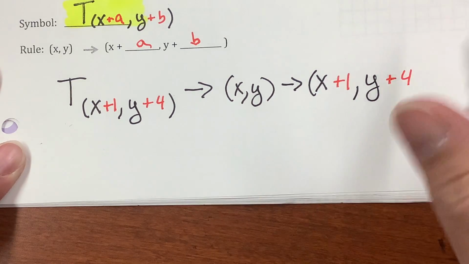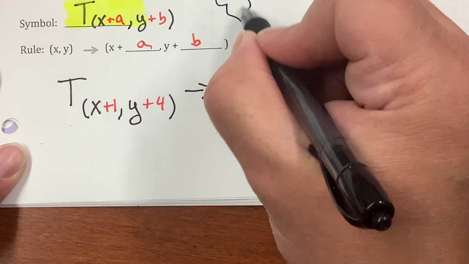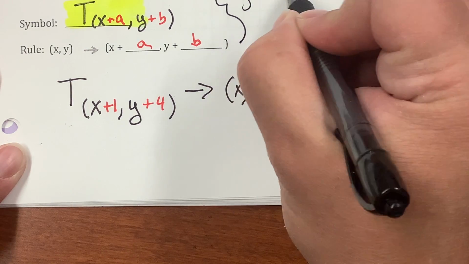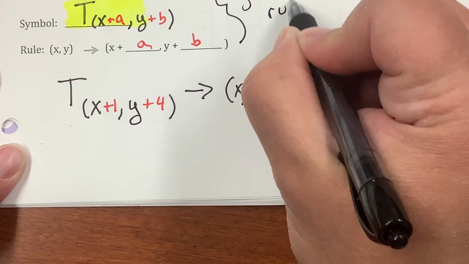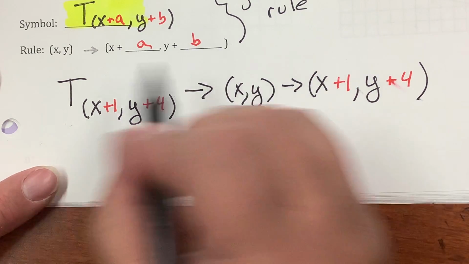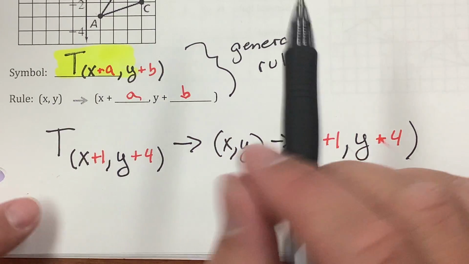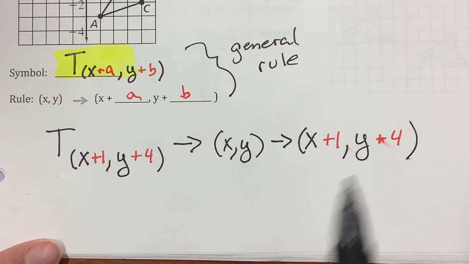This is the general rule. This is the specific rule for this problem. So this is the general rule for all translations. This is specific to this translation. All right, let's take a look on the next page.